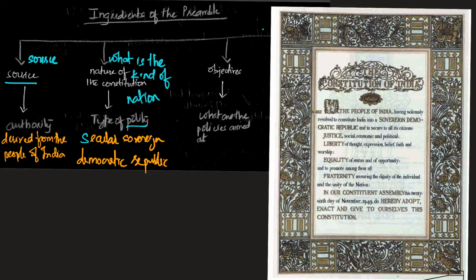Now let us understand one thing. What does the preamble pertain to? We have here the second part of the Indian constitution that says, resolved to constitute into a sovereign, democratic.